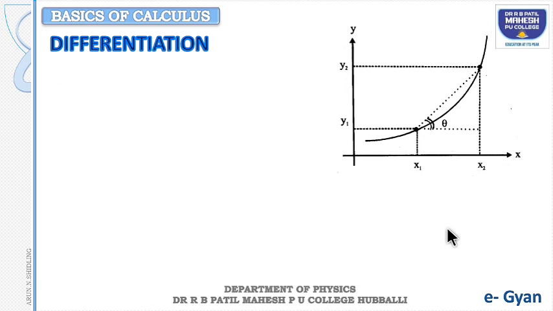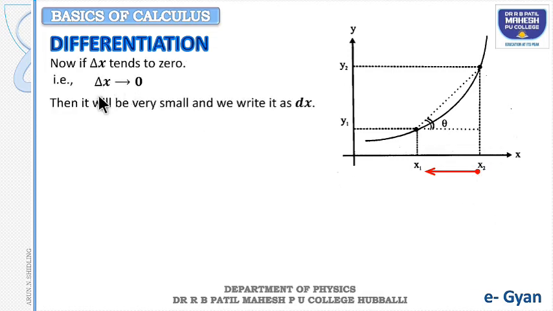What if I want to find the rate of change at this point itself? To do that, I'll try to make x2 come very close to x1. What I mean by that is, I'll try to get this x2 very close to x1 by saying delta x is tending to 0.